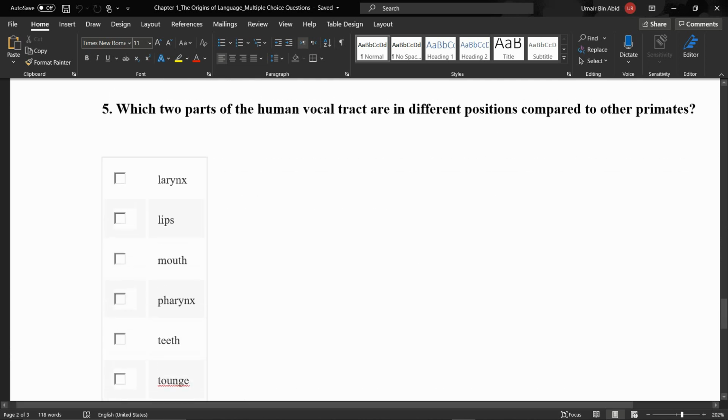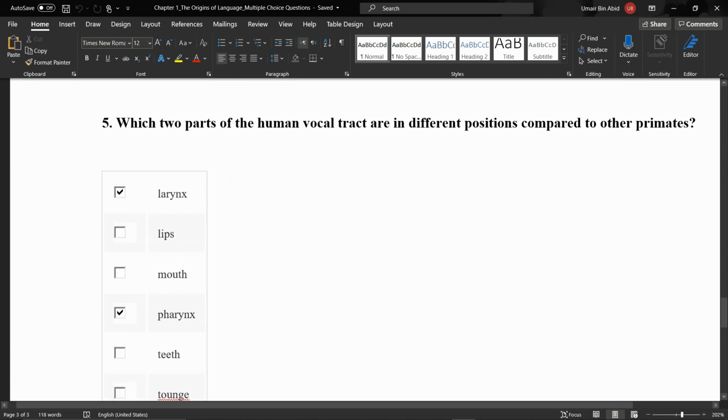The last MCQ is, which two parts of the human vocal tract are in a different position compared to other primates? We have learned larynx and pharynx. Our pharynx is longer than in other primates like chimpanzees, and our larynx is also a bit lower as compared to chimpanzees, which I have shown you in different lectures.